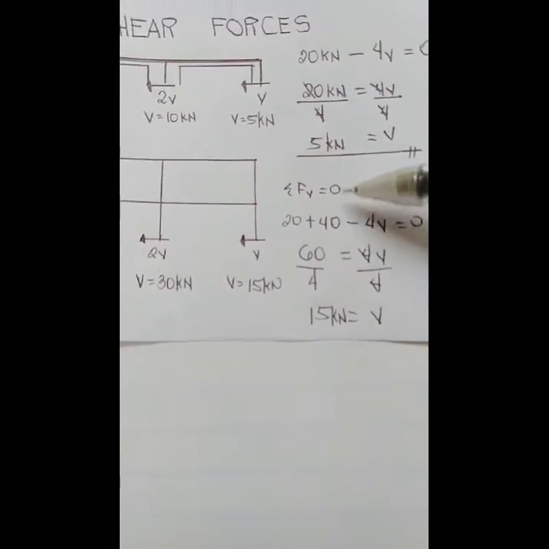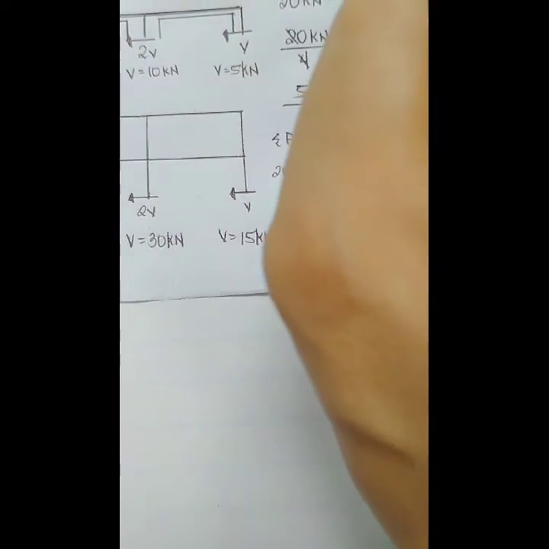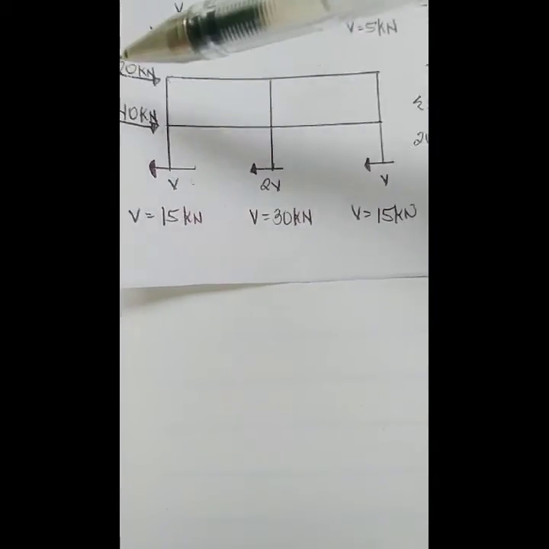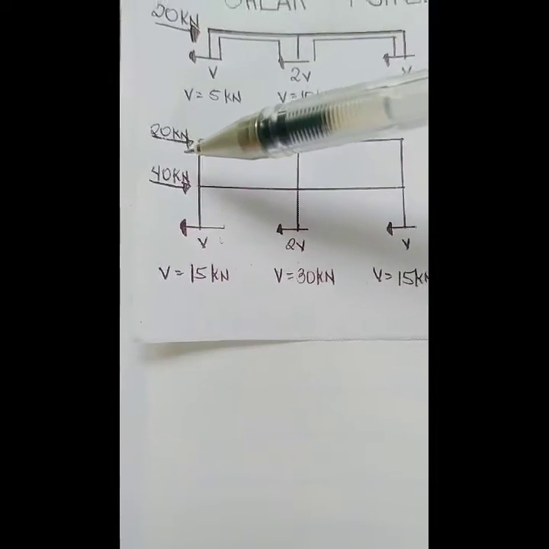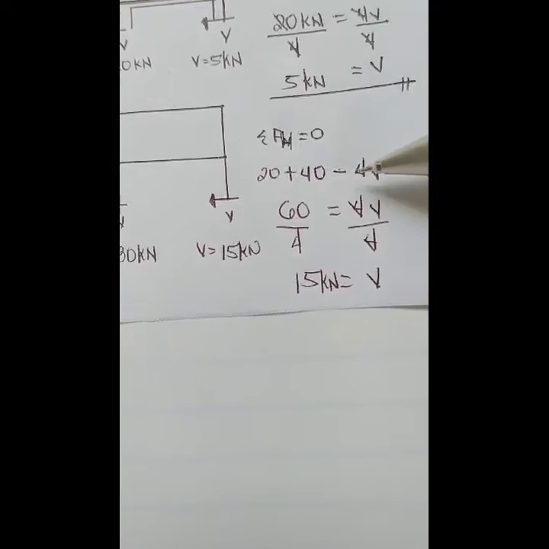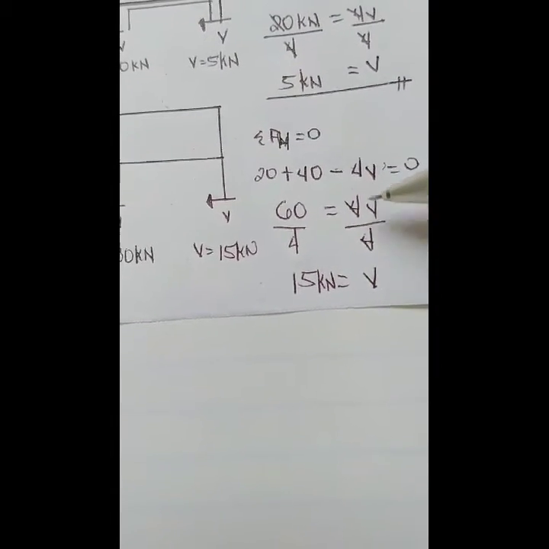So, summation of forces horizontal. So, dalawa siya na positive. 20 kN plus 40 kN minus 4V equals 0. So, 20 plus 40 equals 60 kN equals 4V.